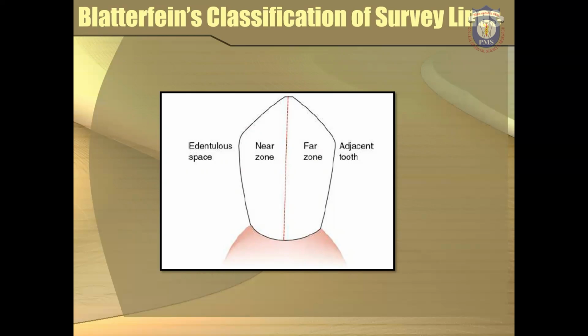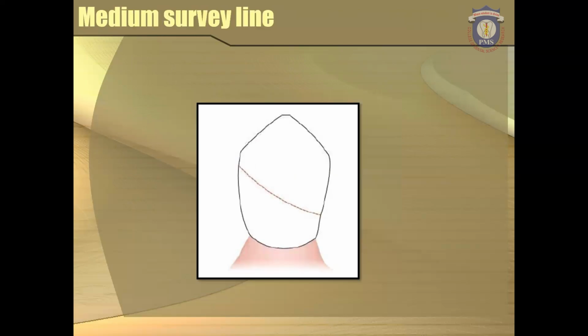So the different survey lines are medium survey line, high survey line, low survey line, and the diagonal survey line. So what is a medium survey line? We obtain any of these. Okay, we'll either get a medium survey line, or a high or low survey line.